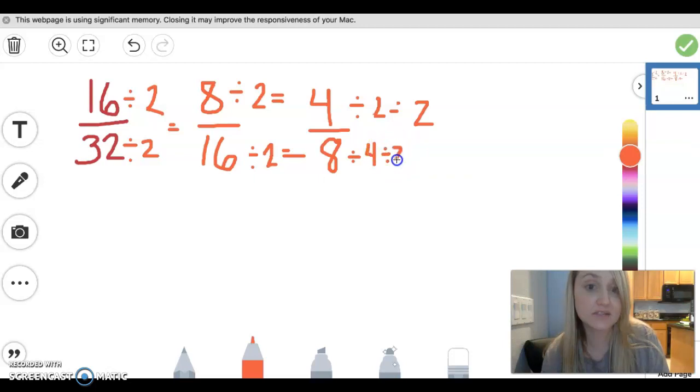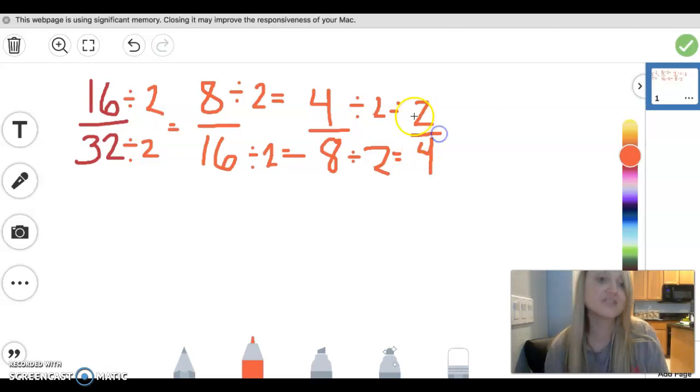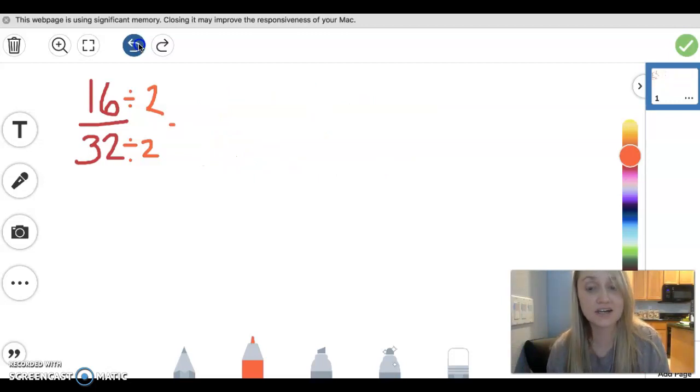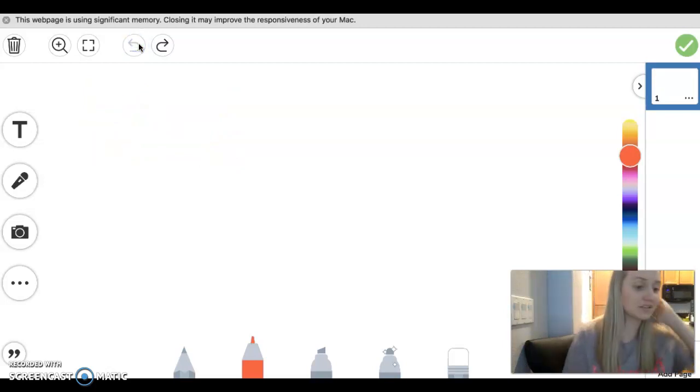So 4 divided by 2 would be 2. And then if you divide by 2 again, it would be 1/2. So it's just very time consuming. So the one that I like to choose to do is using the greatest common factor.